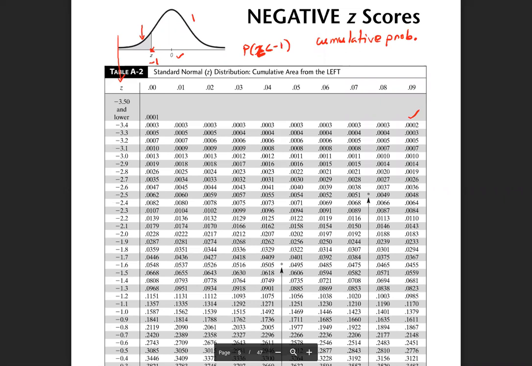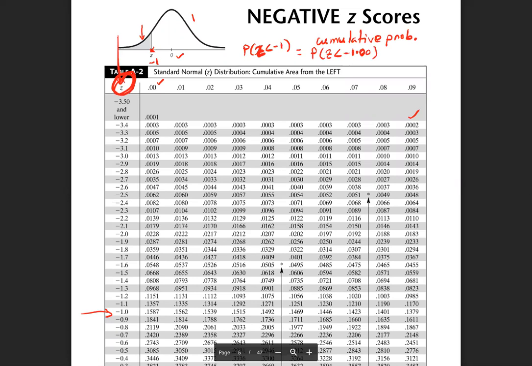Z is less than -1. You look at this first column that says z, and then look for -1. Where is -1? Right here. Now, -1 is the same as -1.00, so the probability of z less than -1 is the same as the probability of z less than -1.00.